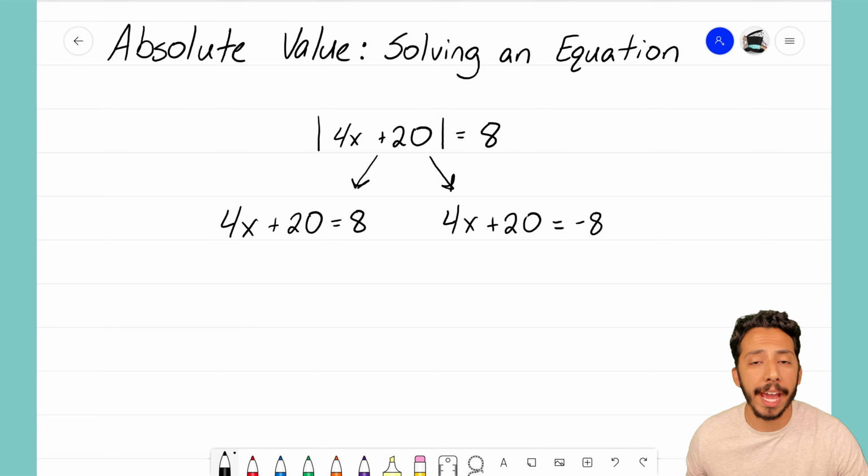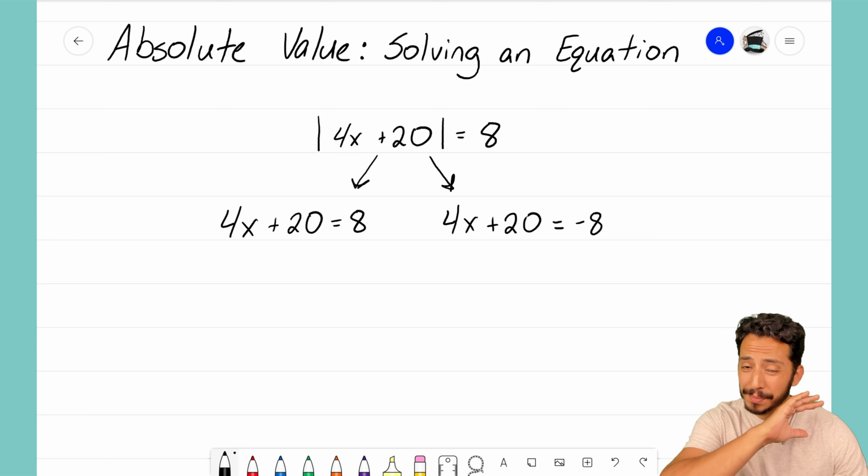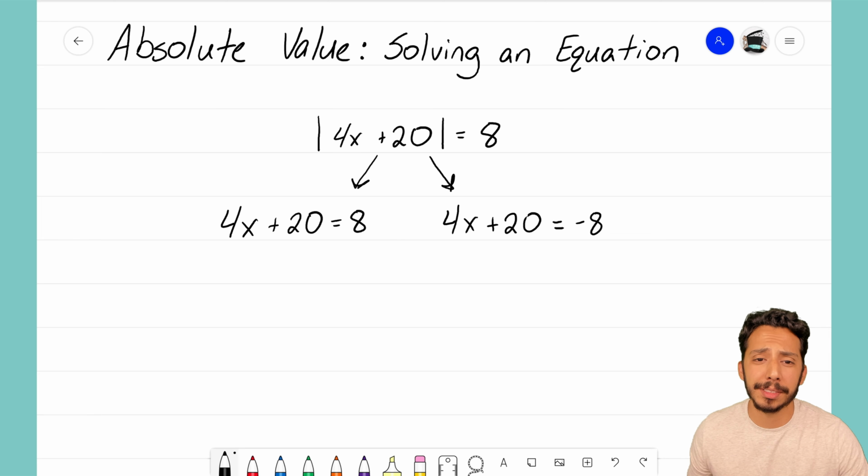And that is the one extra step that's required when we're solving an equation using absolute value. We can get rid of the absolute value bars, but when we do that, it creates two equations. One that's equal to a positive number, the other that's equal to a negative number.